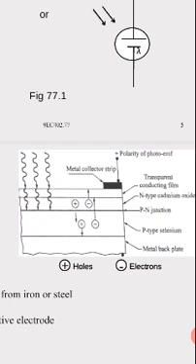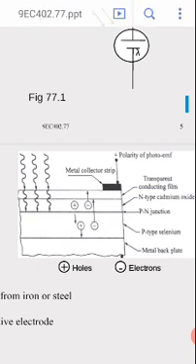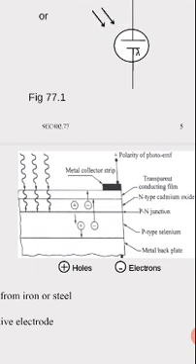Here the zigzag lines shown are, that is light falling representation on the photovoltaic cell, or we can say them as solar plate.